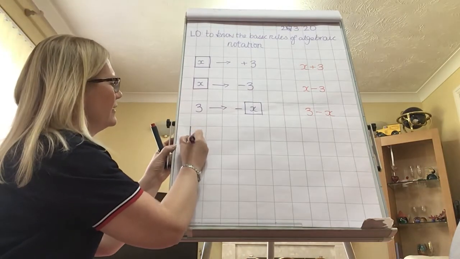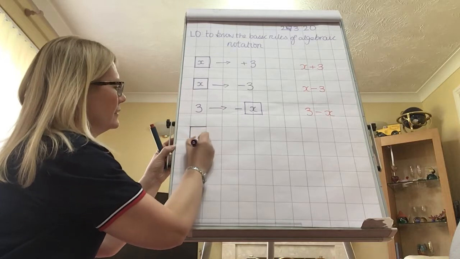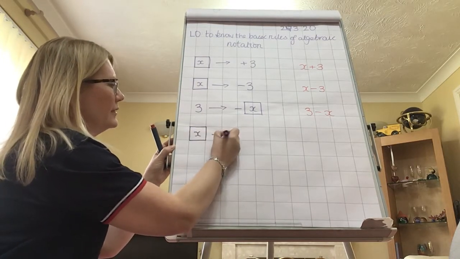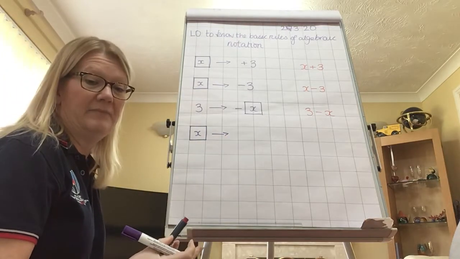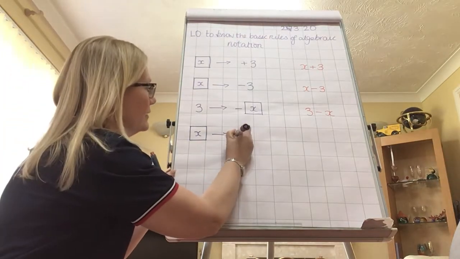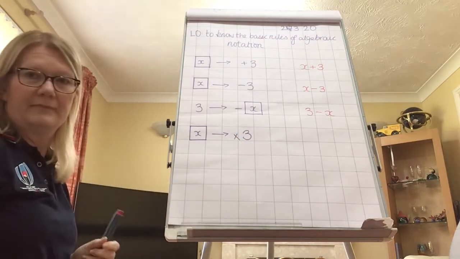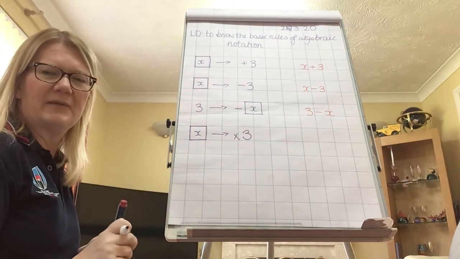This time I've got X, and I want to multiply my X by 3. Well, I've got a choice this time, haven't I?